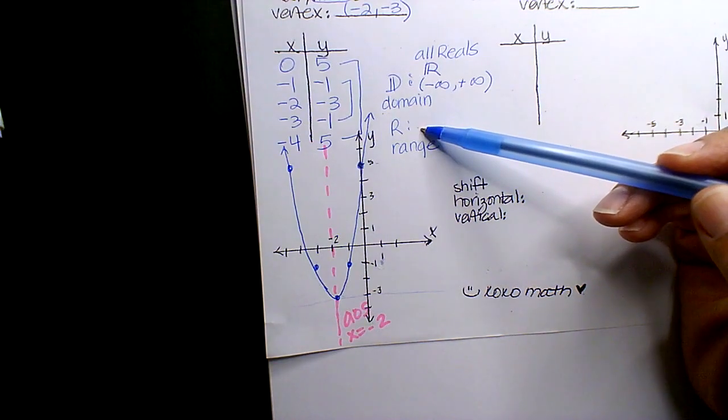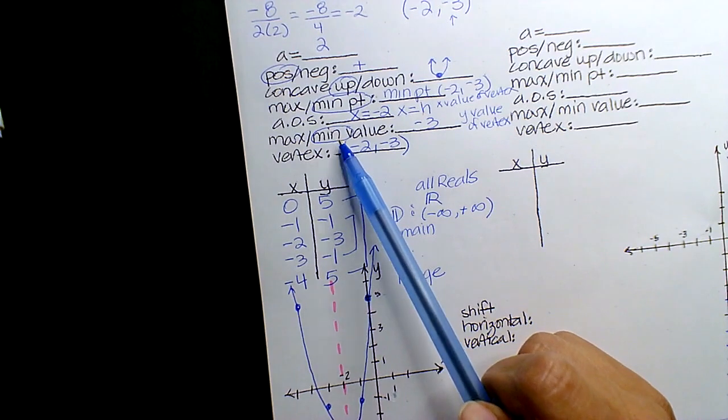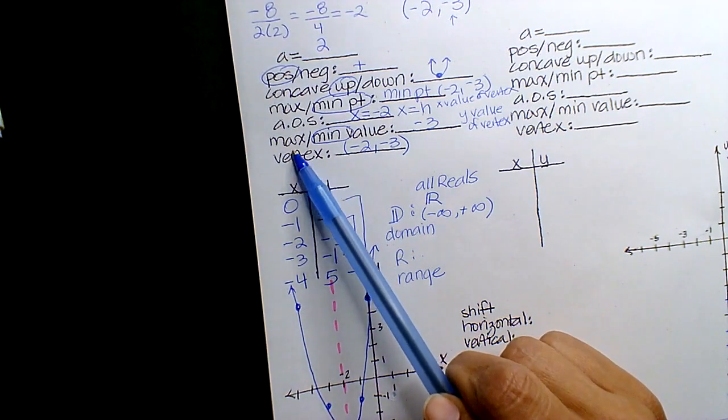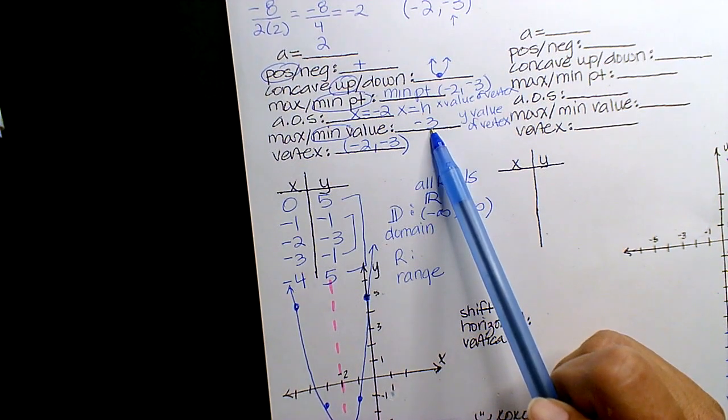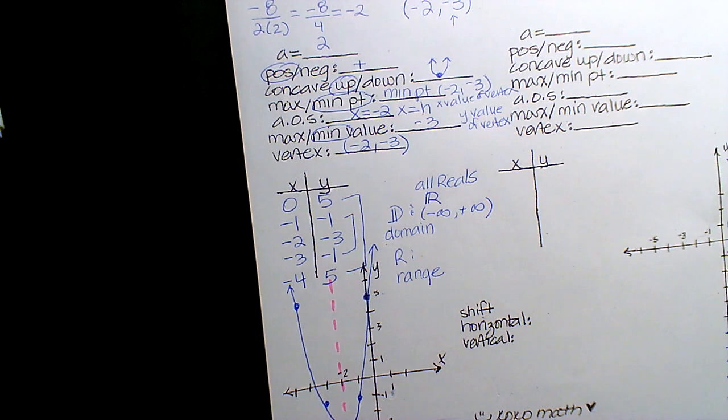That is your range. So when I ask what's the max or min value, that number -3, it's either going to be -infinity to -3 or -3 to +infinity. And when we do them, you'll get more comfortable with it.